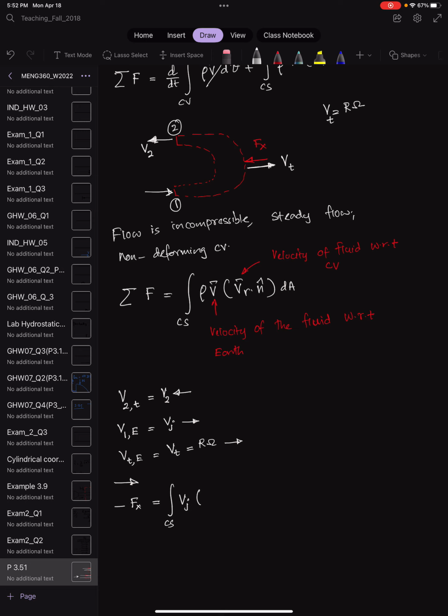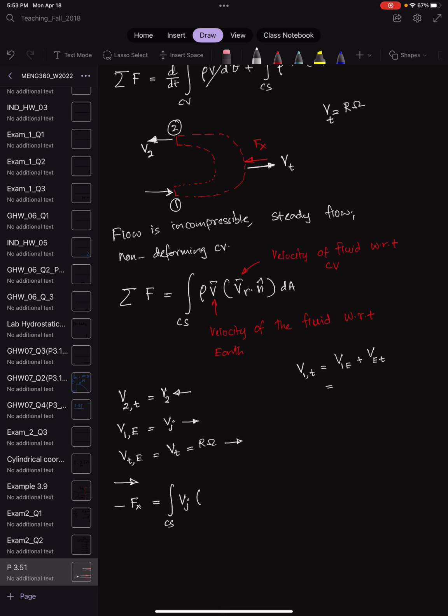To find that, the velocity at 1 with respect to the turbine is equal to the velocity at 1 with respect to Earth plus the velocity of Earth with respect to the turbine.